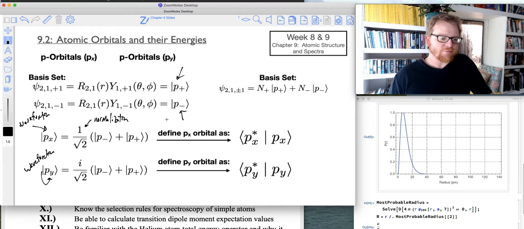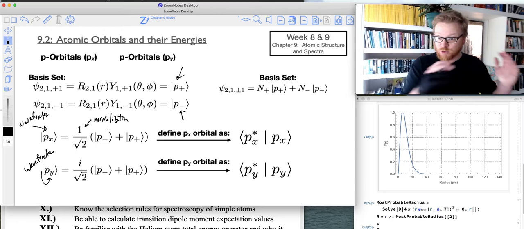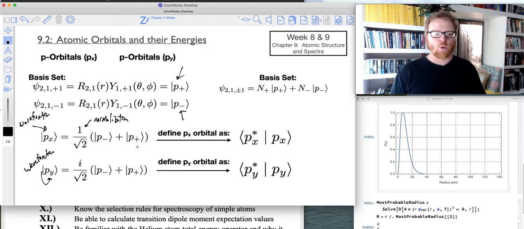Okay. And so it's also a linear combination of p minus and p plus. And so now we're finally poised to define the px orbital as px star px, where px is this equation. Okay, so you have to square this whole thing so it becomes a quadratic. And then you have to square this whole thing to get py.